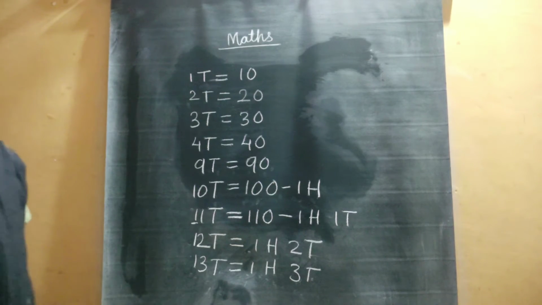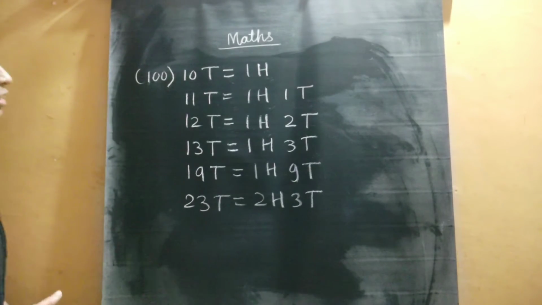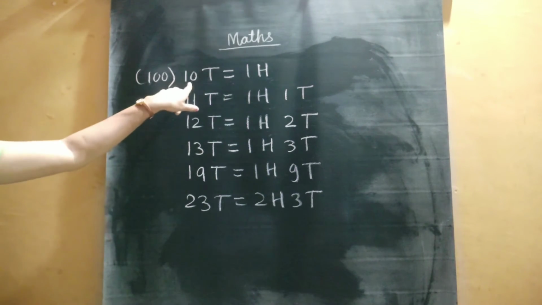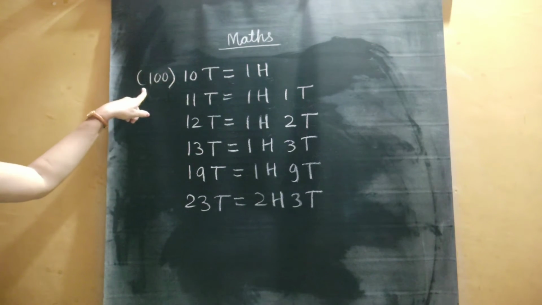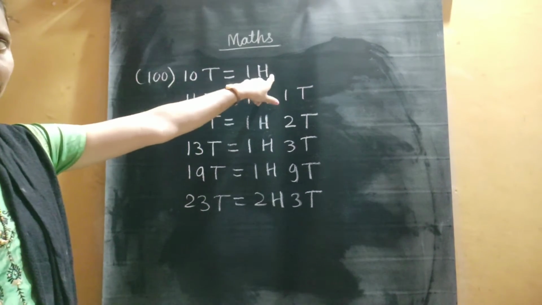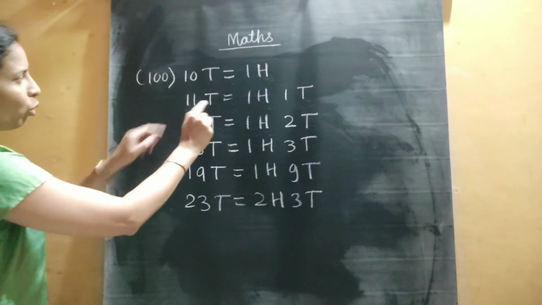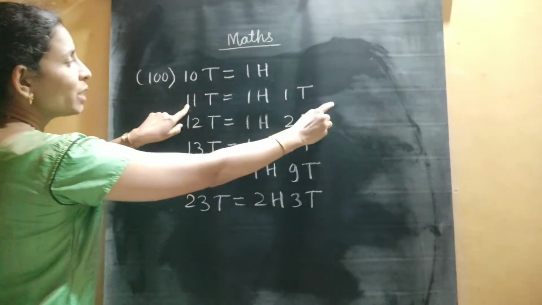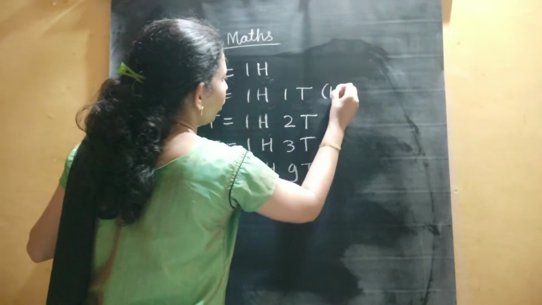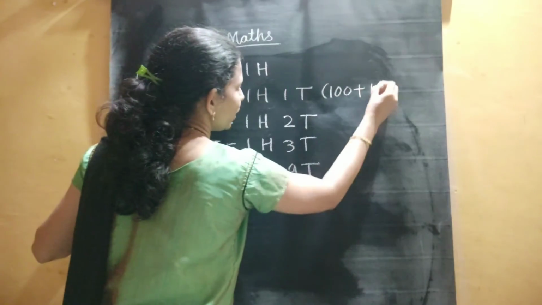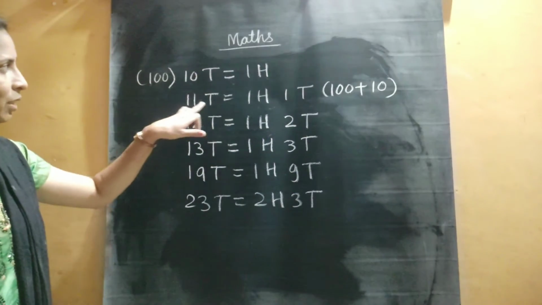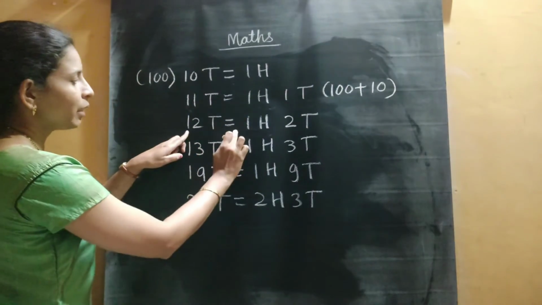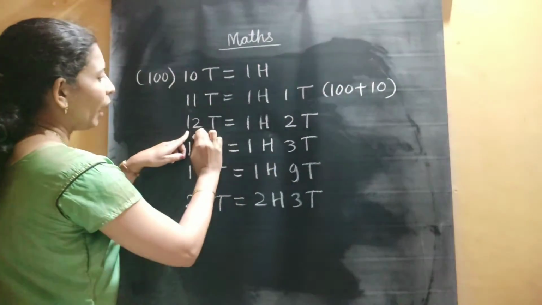Now we will see some more examples. So students, see again, we will practice. 10 tens means what we learned? 10 tens means 100 and we have written it as 1 hundred. So 11 tens is equal to 1 hundred, which means 100, plus 1 tens, which means 10. That is 11 tens. Next is 12 tens. 12 tens is equal to 100 and 2 tens.